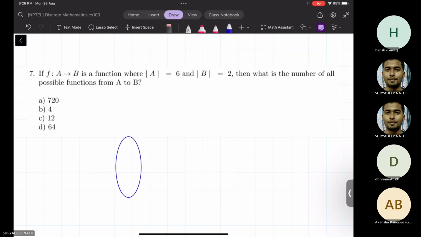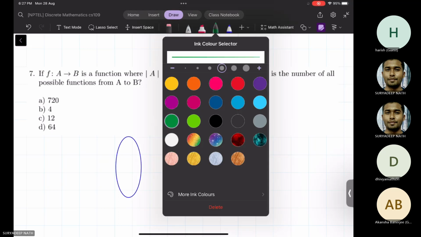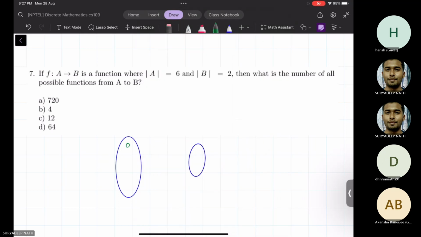You have set A and you have set B. You have 6 elements, 1, 2, 3, 4, 5, 6, and you have two elements in B, 1 and 2. So this is set A and this is set B.